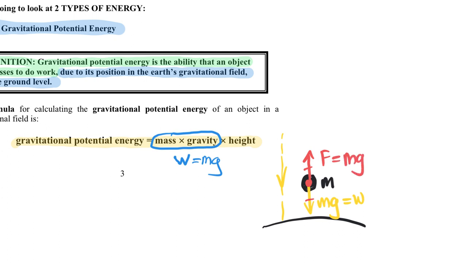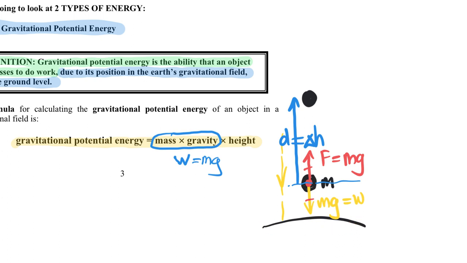Now, if we want to change the position of this object, we are going to move it over a distance d to another point there. Then that distance d is actually going to be equal to the change in the height of the object above the ground level.